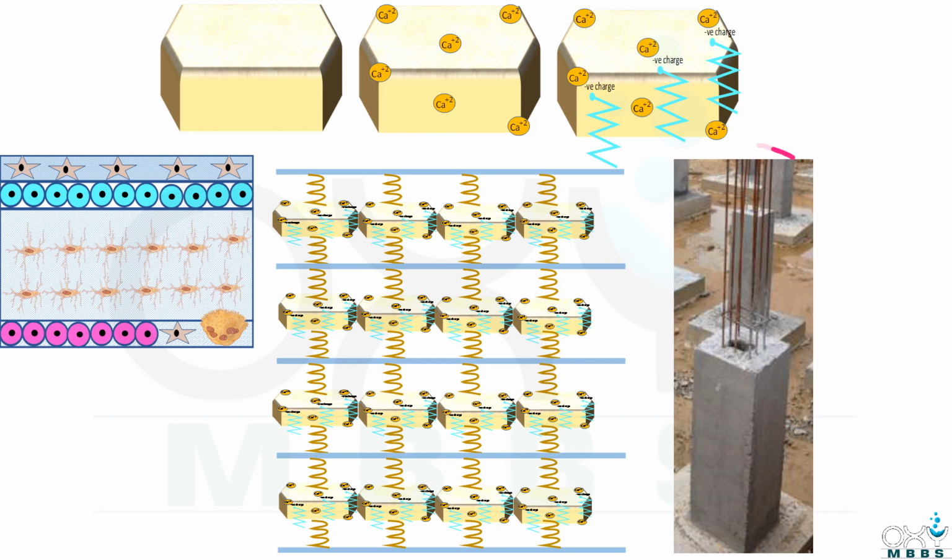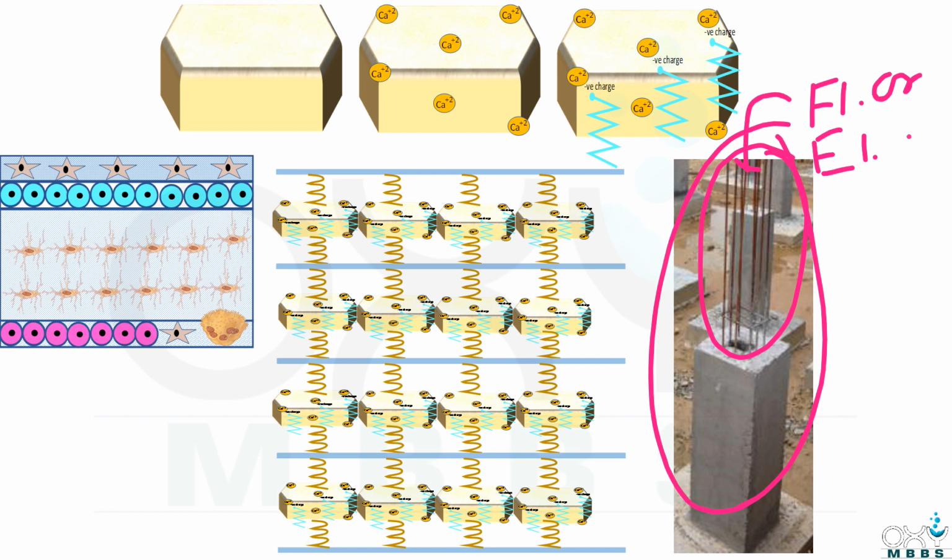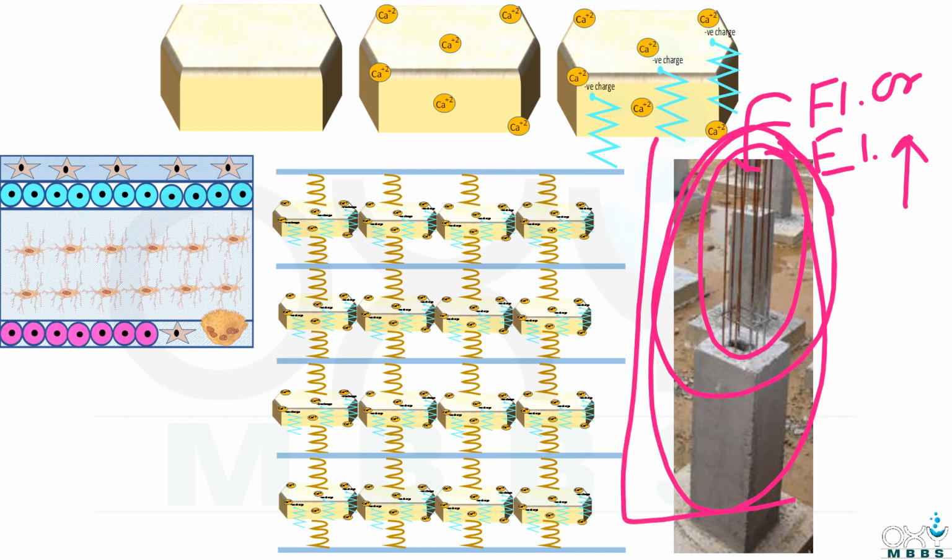Because of these iron rods, the flexibility or elasticity of this column increased. And only because of these iron rods, this column can bear very high load as well.